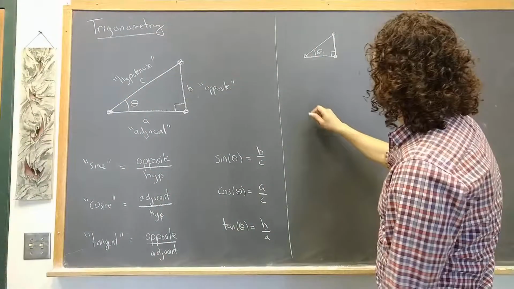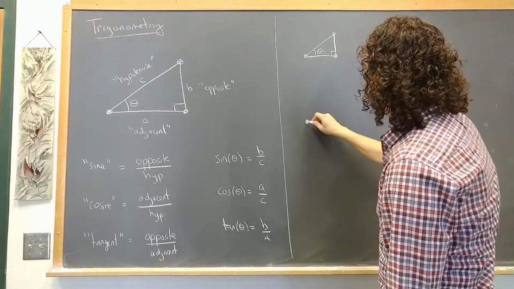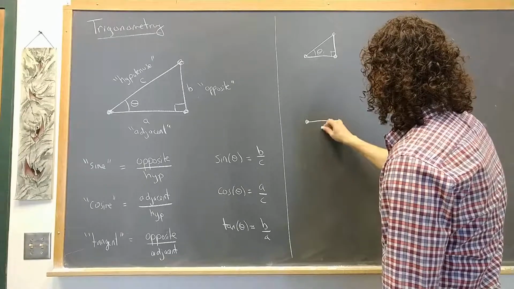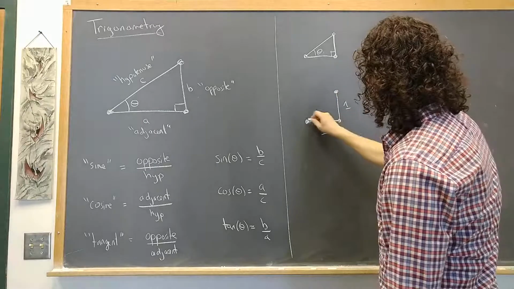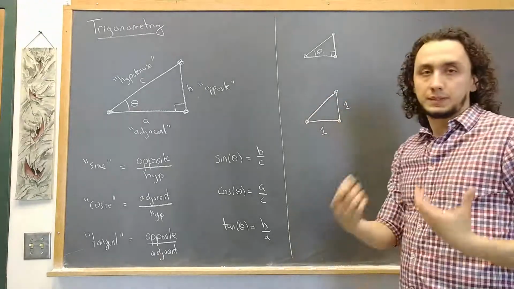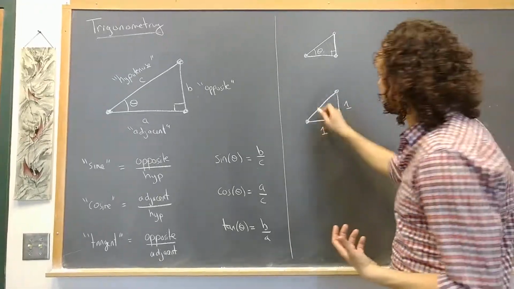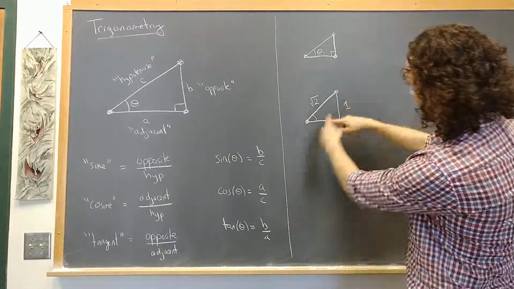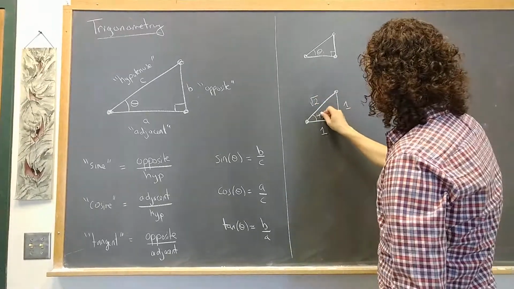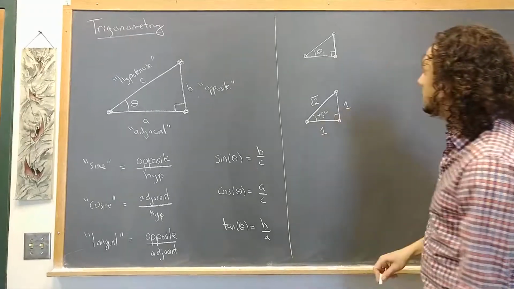So let's see that in action. Let me draw a picture of a right angle triangle with side length 1. The other side length is also 1. A simple application of the Pythagorean theorem would tell me that this side length is the square root of 2. And because of the symmetry of the triangle here, this must be 45 degrees.